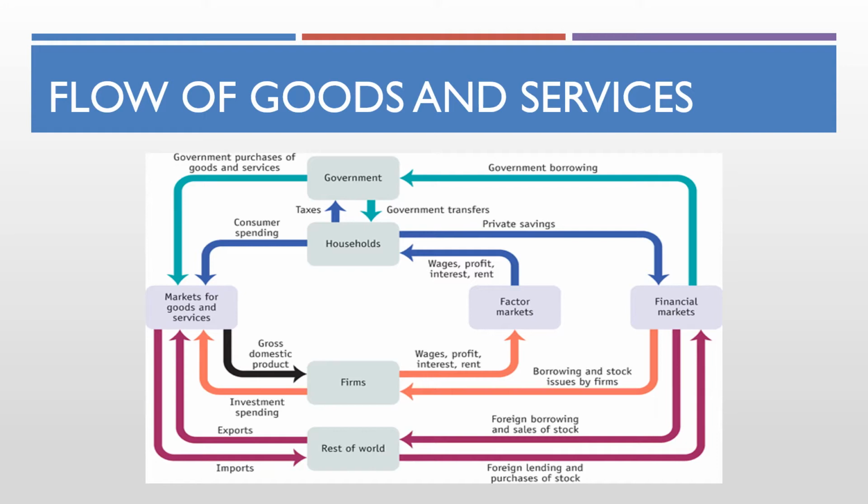Governments will always collect tax from the households: income tax, sales tax, environmental tax, etc. And governments sometimes will also make a transfer payment back to the households in the forms of unemployment insurance payments, low-income family support, or any kinds of subsidies. Those are the forms of payments that the government will make to the households, and the forms of tax that the households will make to the governments.